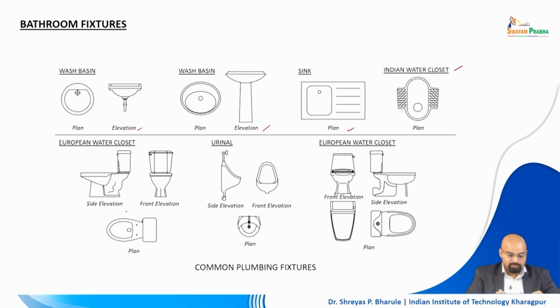There is a European water closet, which looks like this, which we often use. This is also sometimes called the Western toilet or Western water closet. A similar one is this, which is more on the rectangular side or more on the elliptical side. So there are different ways in which it is designed.